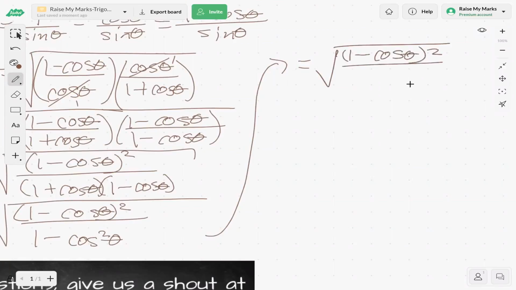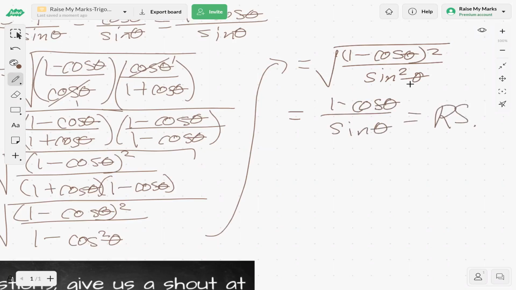And in the denominator, 1 minus cos squared theta is the same as sine squared theta. So now we can take the square root of the numerator and the denominator, and we're left with 1 minus cos theta over sine theta. And remember what that equals? That equals our right-hand side. So therefore, we've proven our identity.